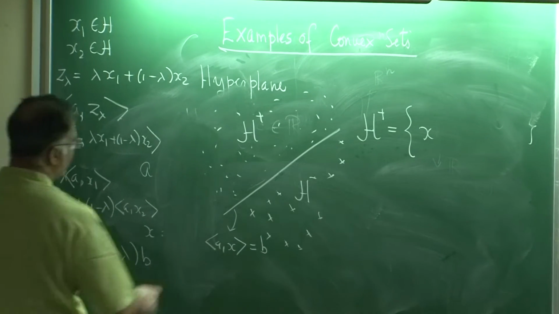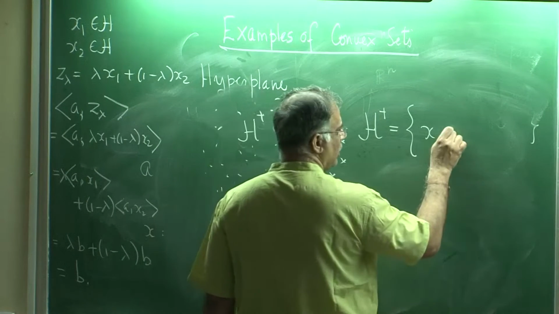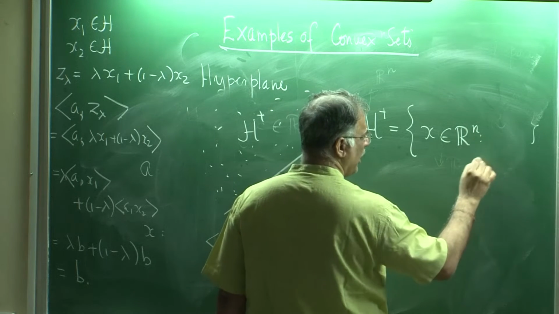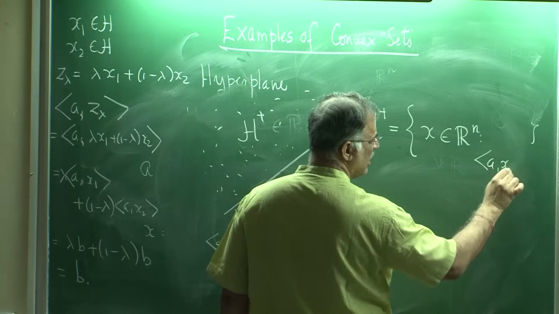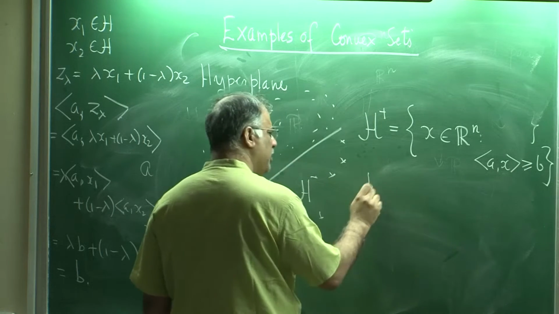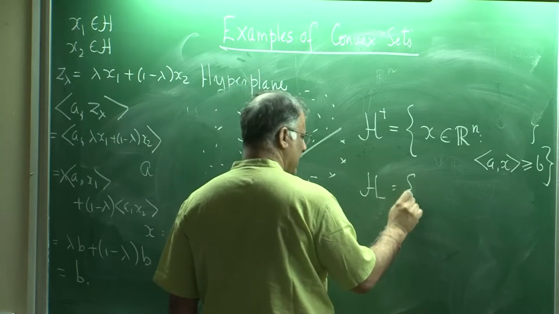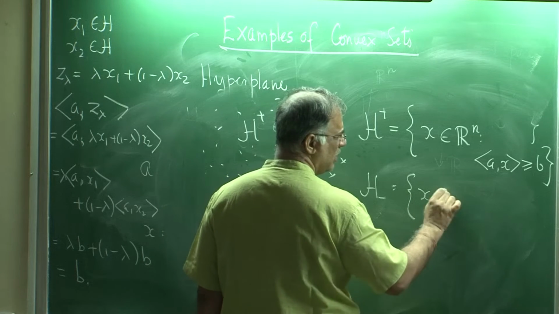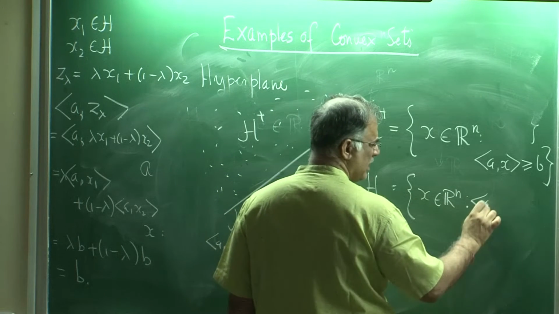So, in this region, you will have all the x's for which A of x is bigger than b, and in the lower half space, that is this part, it will be all elements of Rn for which A of x is lesser than b.